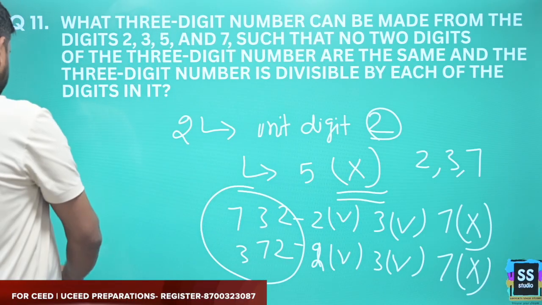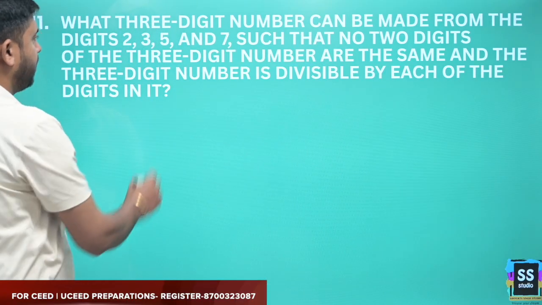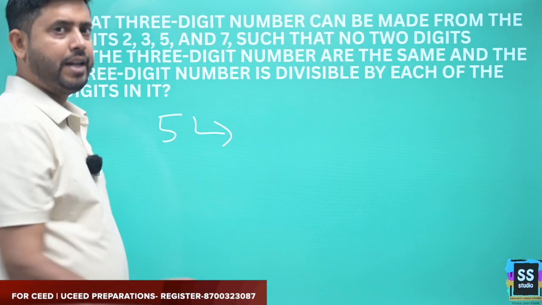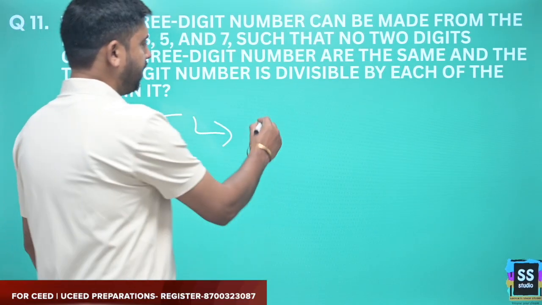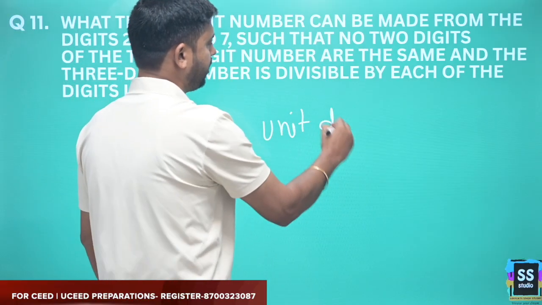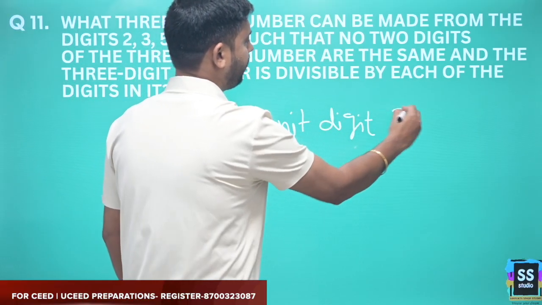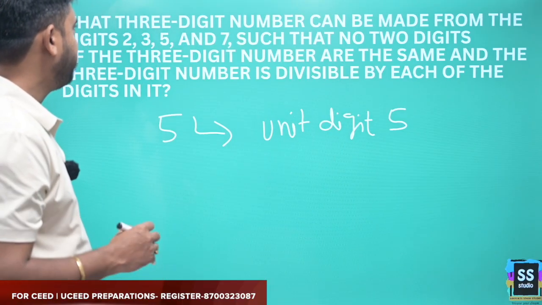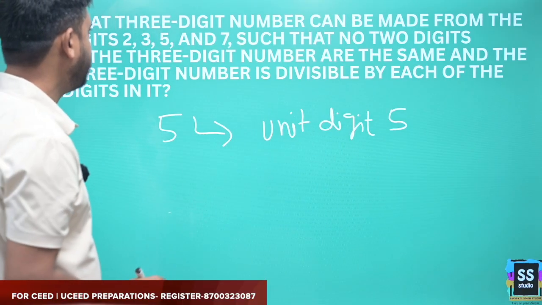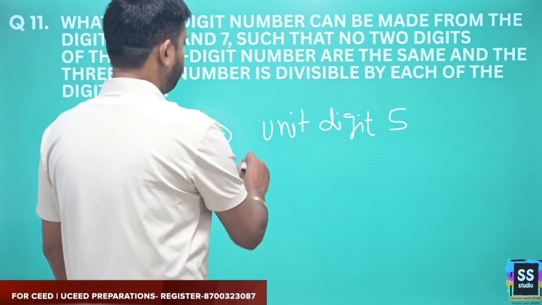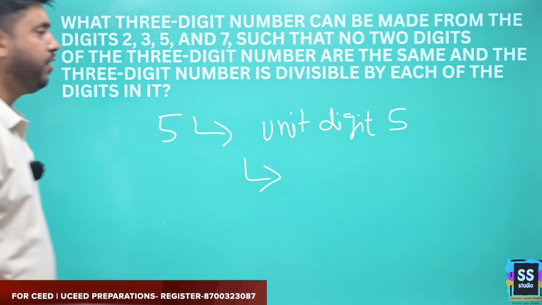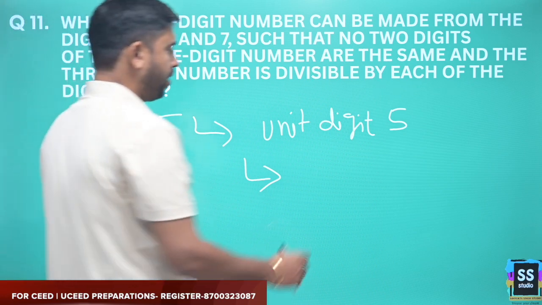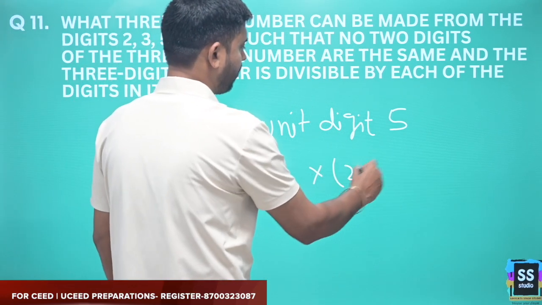Clear? So we'll take another number now. Let's say we take 5. Now again, the divisibility rule of 5 says the unit digit or the last digit must be 5, right? Now the unit digit must be 5. In that case, we can simply say that if the unit digit is 5, that number will not be divisible by 2.